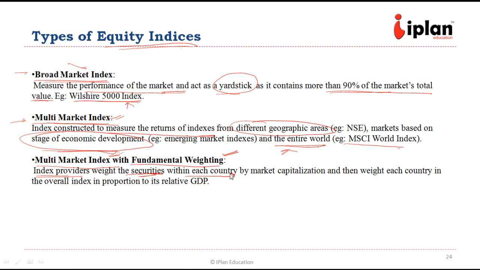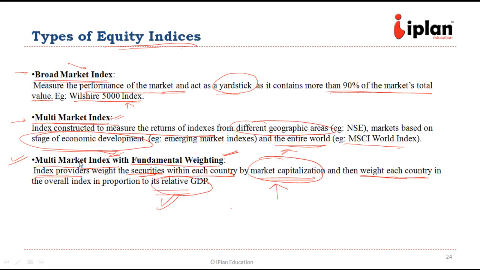So within each country it is based on market cap, and then we are giving a weight to each country based on the relative GDP. So within the country, weight is based on market cap, and to each country weight is given based on the relative GDP. So that is how we calculate multi-market index with fundamental weighing.